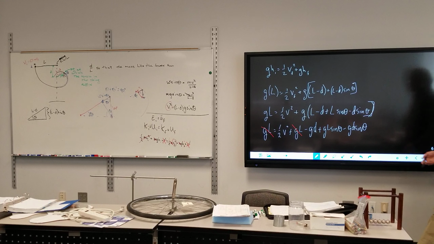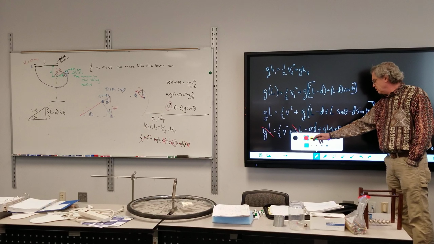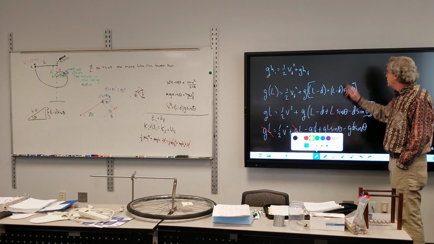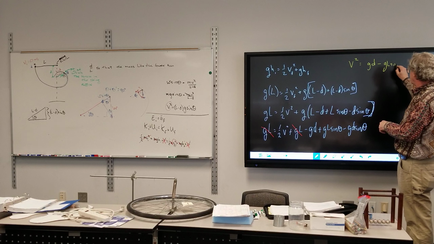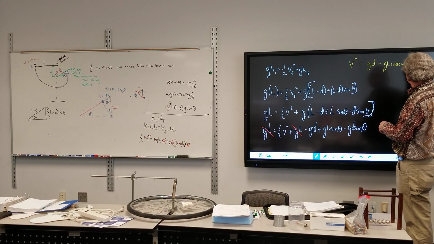And if I solve for v squared, all that goes to the other side, so I have g D minus g L sine theta plus g D sine theta, times 2.